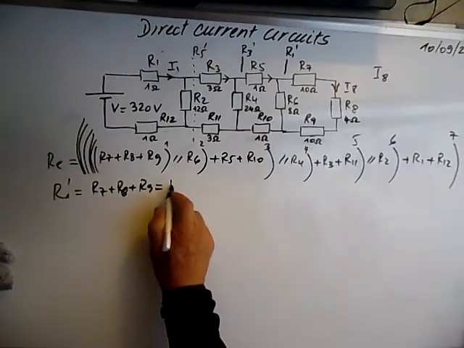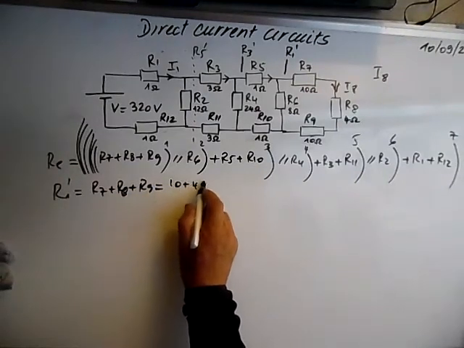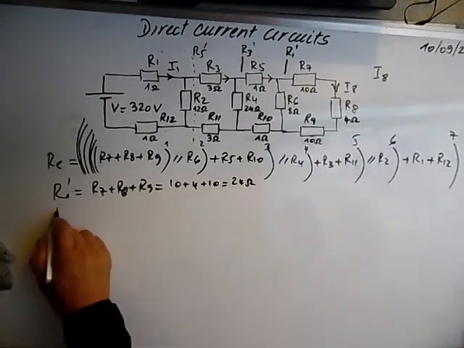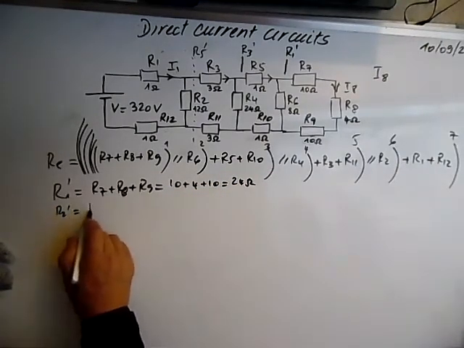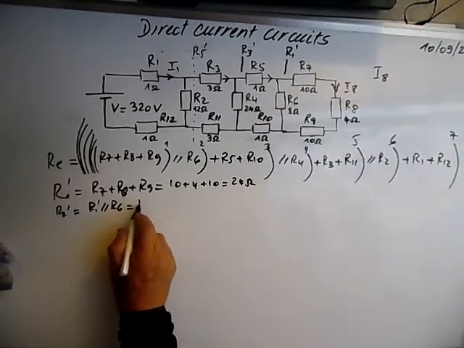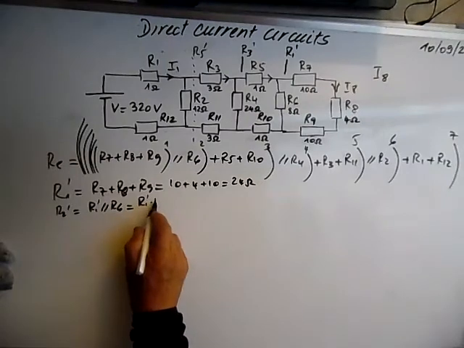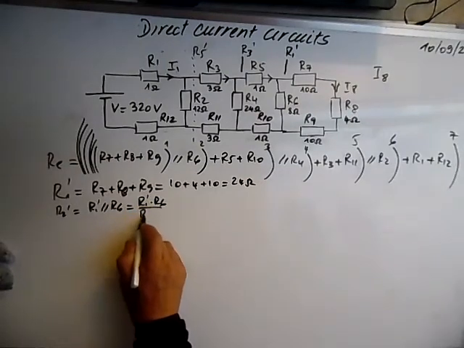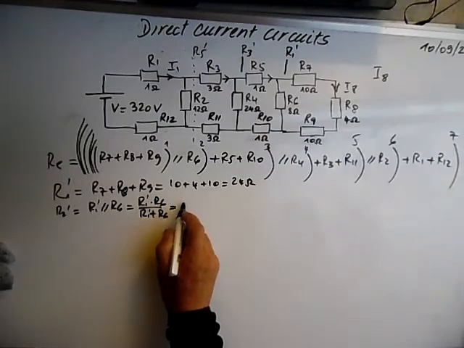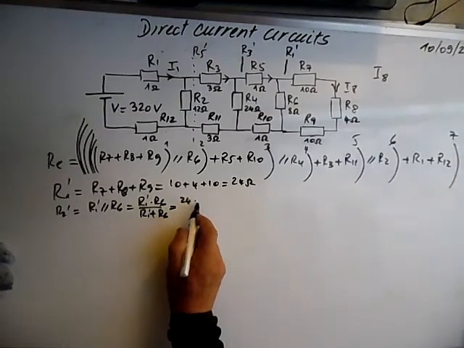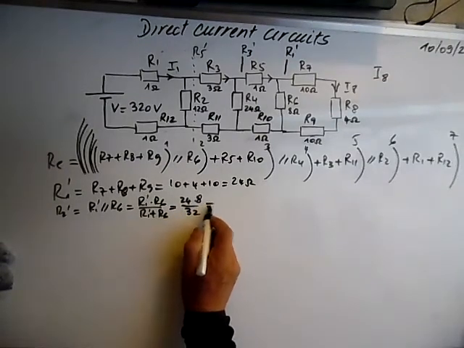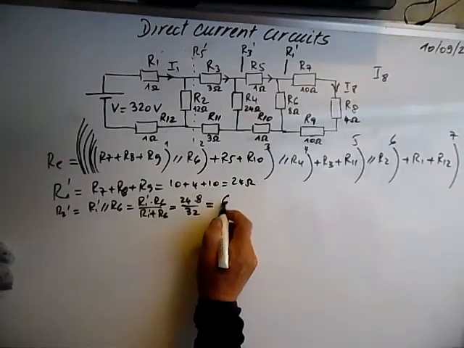This is 10 plus 4 plus 10, 24 ohms. R2 prime is equal to R1 prime in parallel with R6, equal to R1 prime times R6 over R1 prime plus R6, and it will give us 24 times 8 over 32, which is 6 ohms.